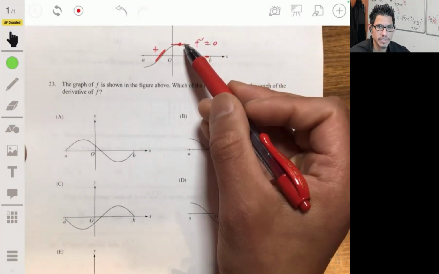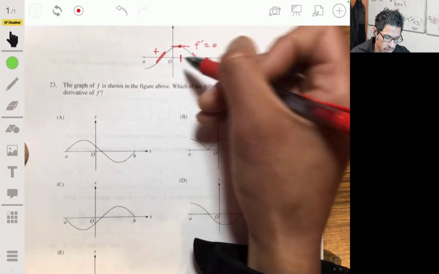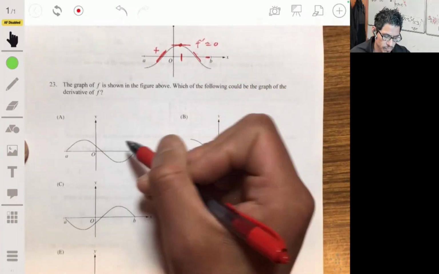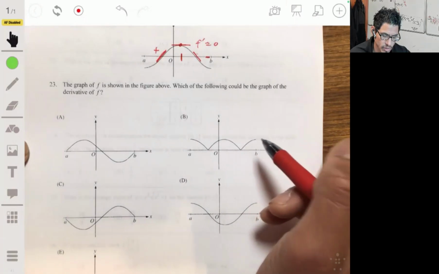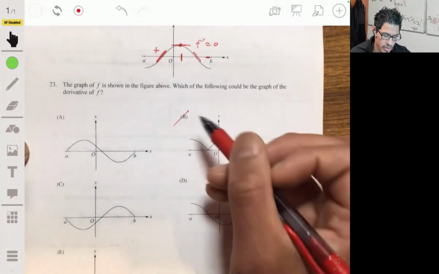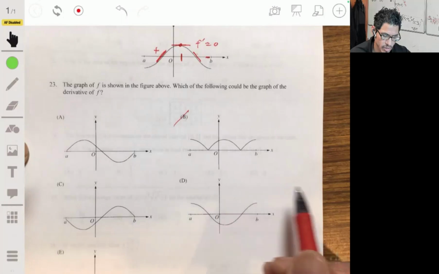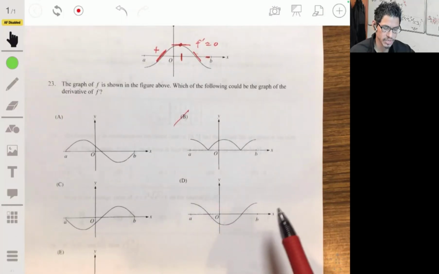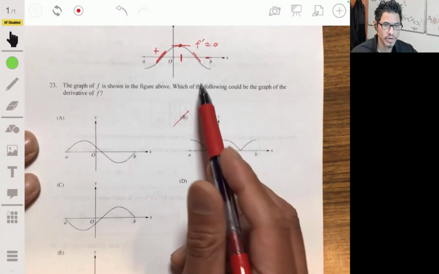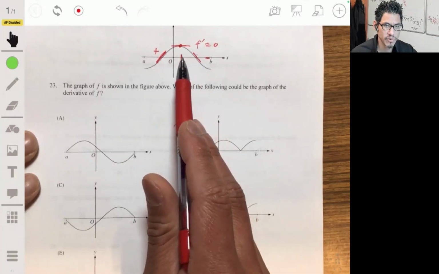I like to look first at the 0. So the 0 is going to occur somewhere around here. Then we can eliminate B. B is really the only quick elimination. Then we look where the derivative graph is positive before this point.